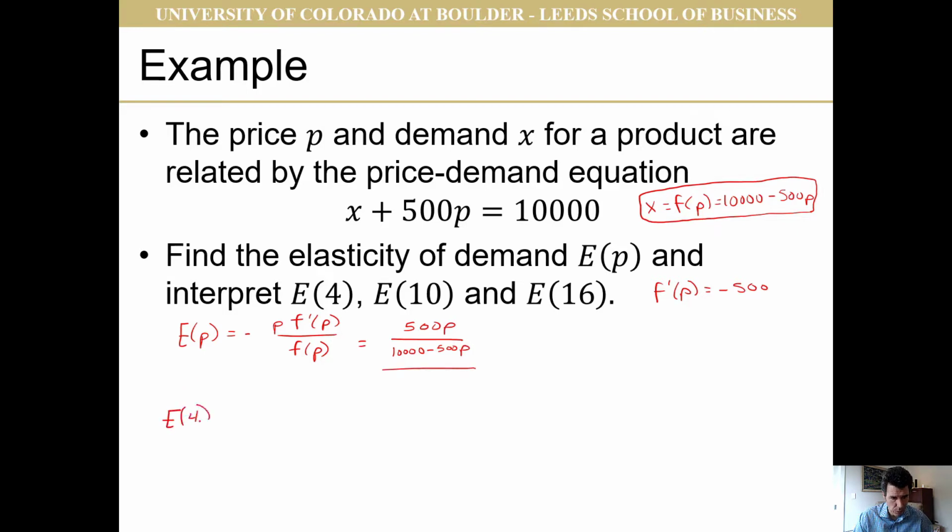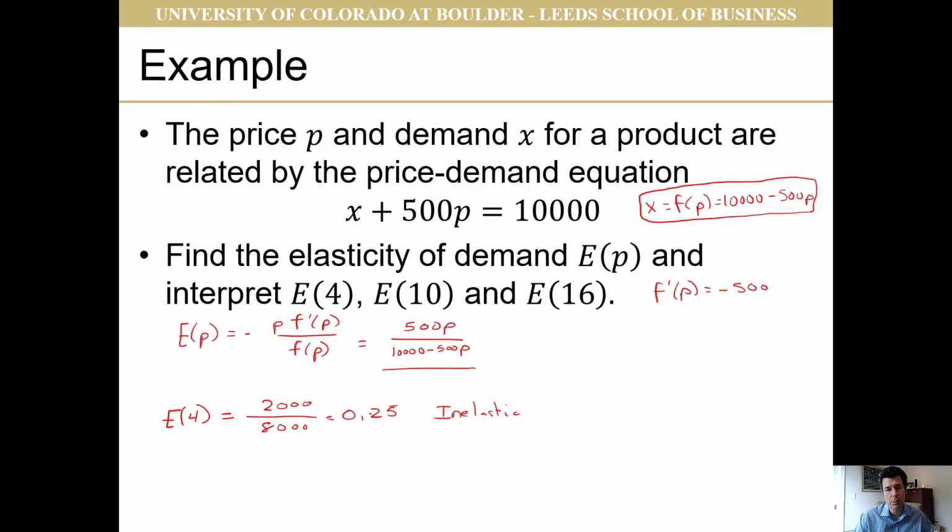E of 4, so when the price is 4, we have 500P, so 500 times 4 is 2,000, divided by 10,000 minus 2,000, which is 8,000, equals 0.25. So this is inelastic.